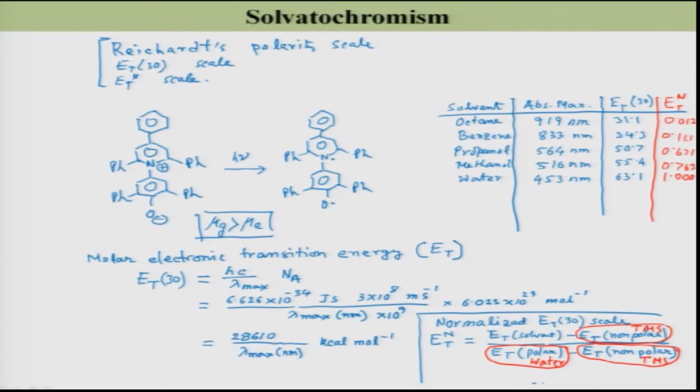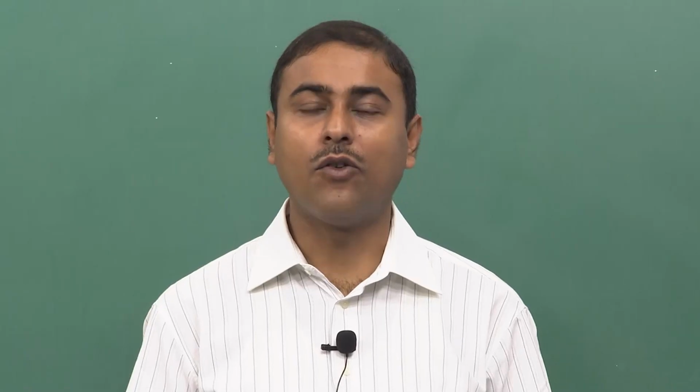So, we got a solvent polarity scale, the ETN scale, which is widely used because it contains all the interactions, since the shift in the absorption spectra is a resultant of all possible interactions between the solvent and the solvatochromic dye, in this case the Reichardt 30 dye. If somebody says the polarity of a solvent is something like 0.01, then it is evidently a non-polar solvent. If it is like 0.8 or 0.9, then it is a polar solvent.